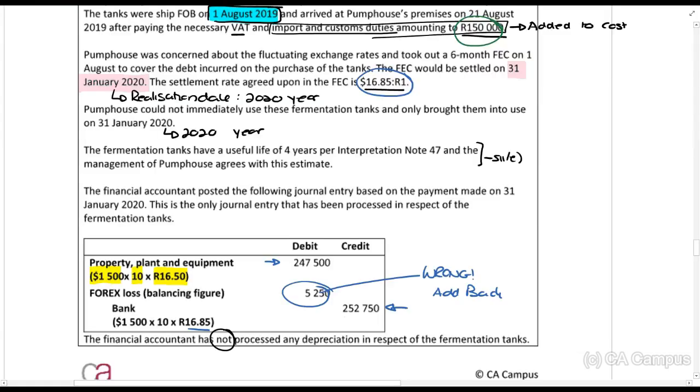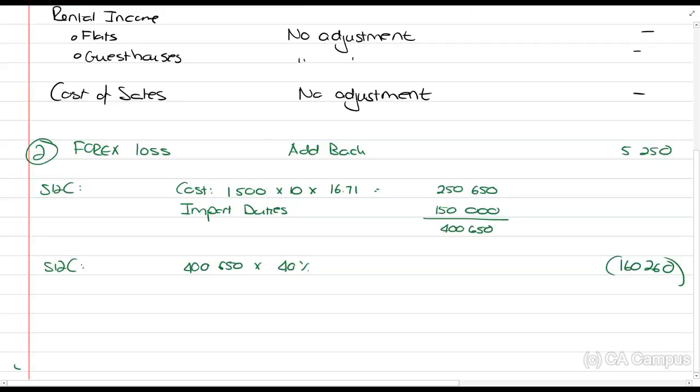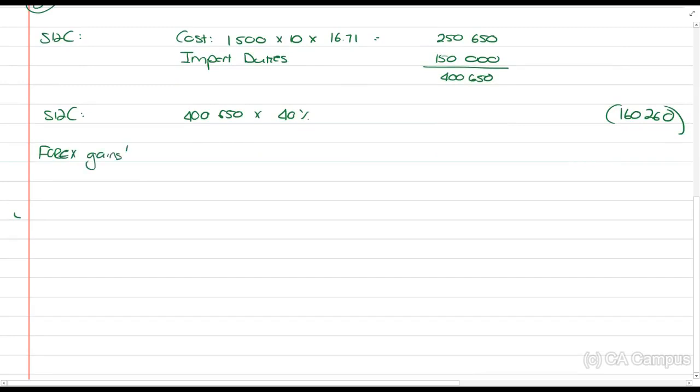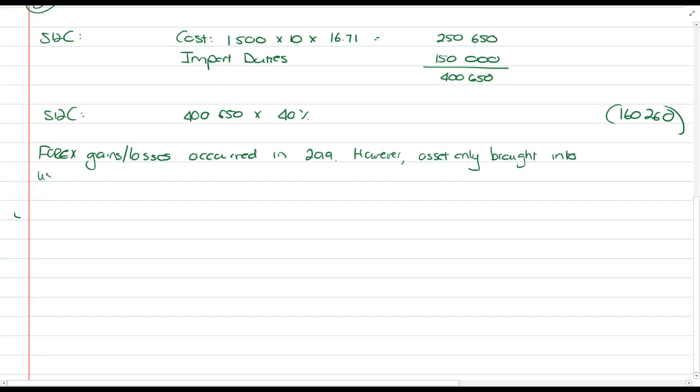So now, let's do all the forex. So the first thing I'm going to make a comment is forex gains and losses occurred in 2019. However, asset only brought into use in 2020.